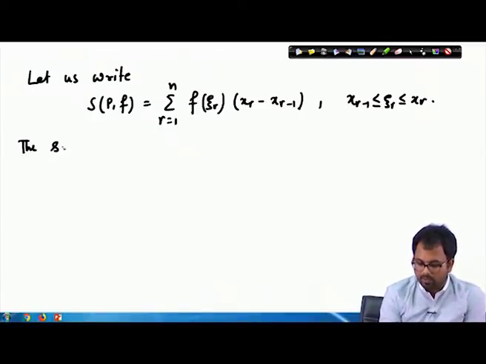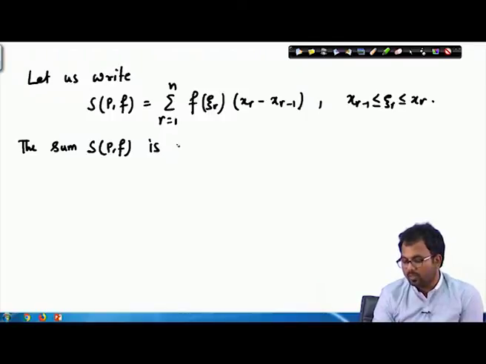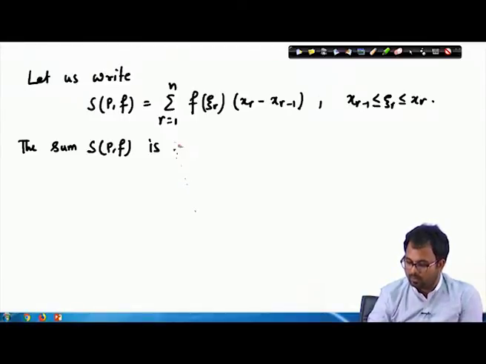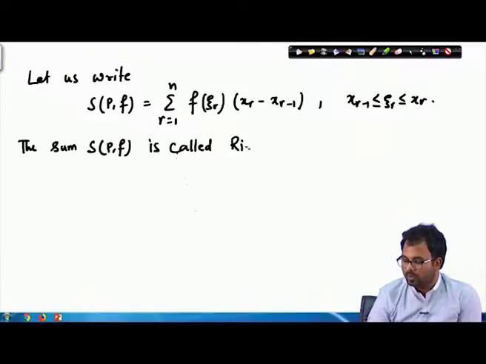This sum S(P, f) is called the Riemann sum.